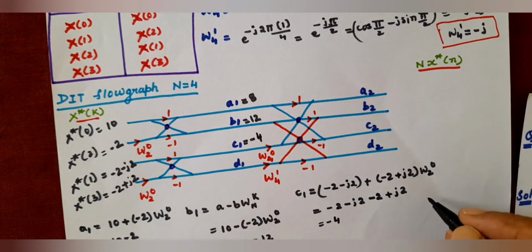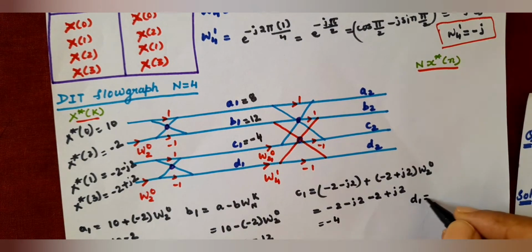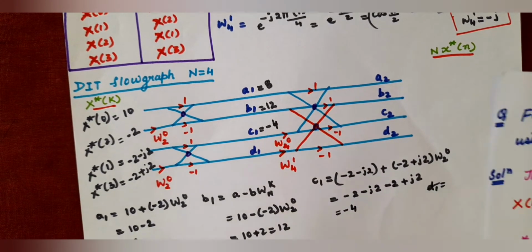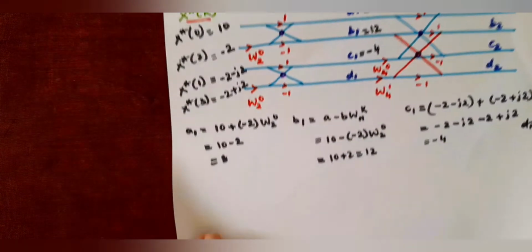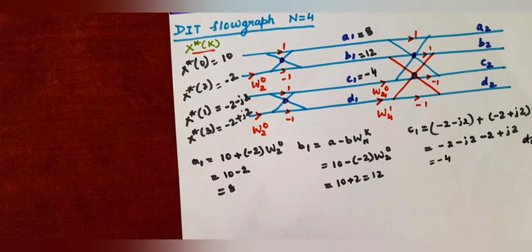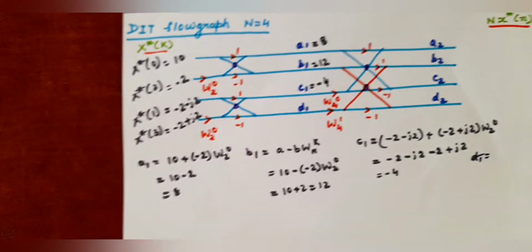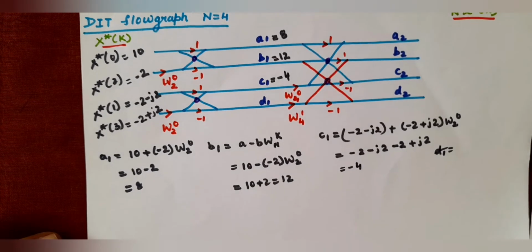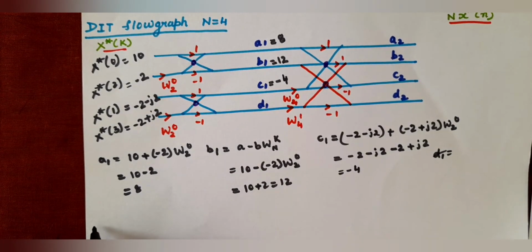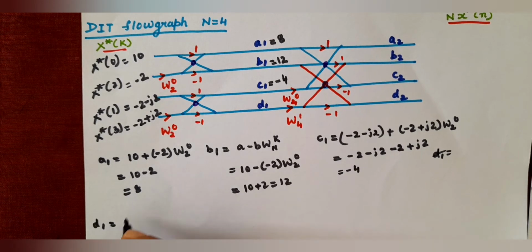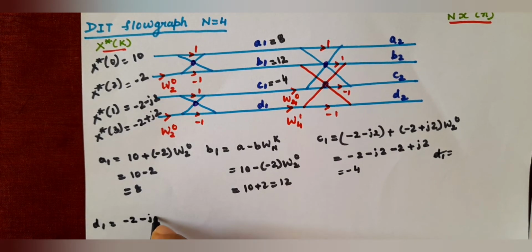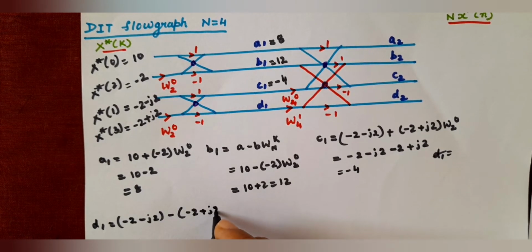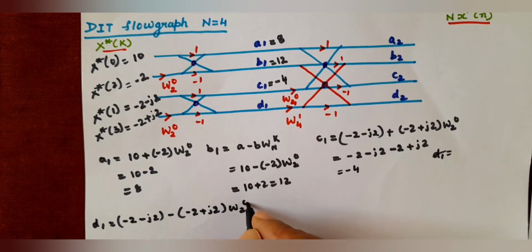Now what is D1? D1 is coming to be as A minus B, minus 2 minus J2 minus of minus 2 plus J2 W2 to the power 0.